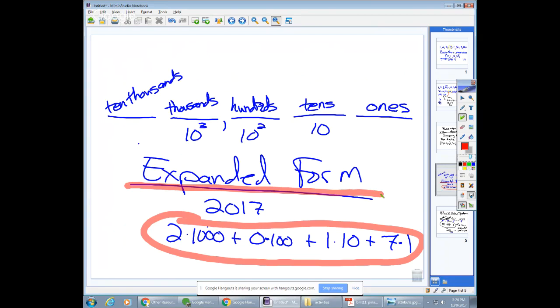So when we name each place value, that's what we call expanded form. This one right here, that's standard form. Okay, so we have standard form, we have expanded form.